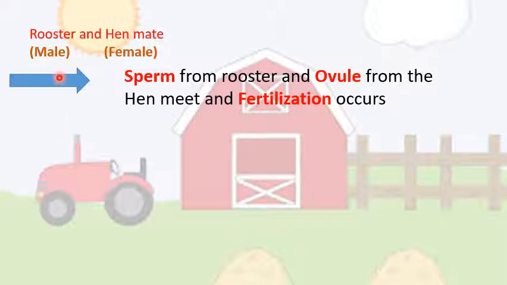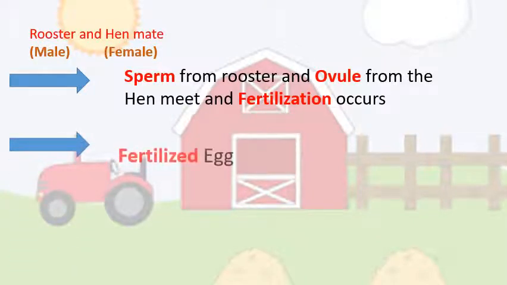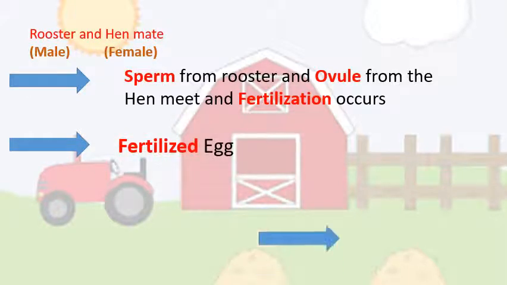From the rooster, which is the male, we're going to have the sperm. And from the hen, which is the female, we're going to have the ovule. When the sperm reaches the ovule and they meet, we're going to have something called fertilization. Then what happens? After that, we're going to have a fertilized egg.